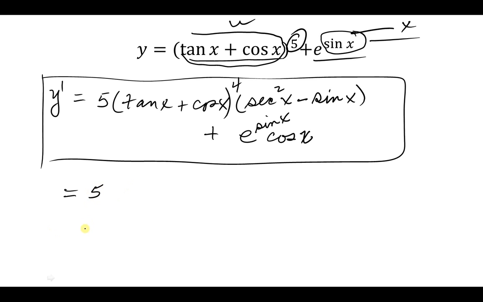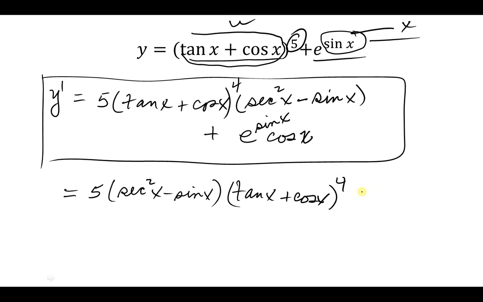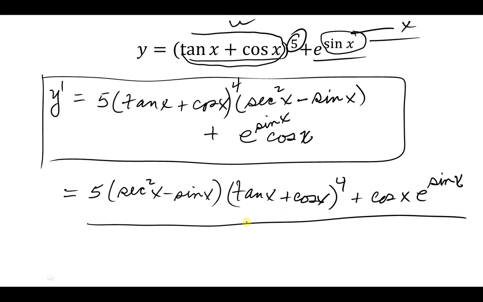So you might look out for 5 secant squared of x minus sine of x times tangent of x plus cosine of x all to the 4th power plus cosine of x e to the sine of x. It really doesn't matter. Either one of these would go in your calculator fine if you had to evaluate this function.